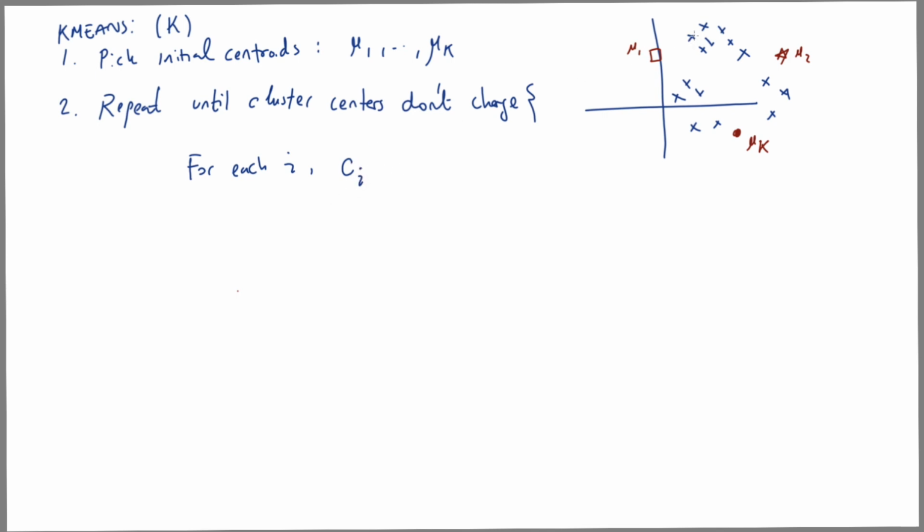So we iterate through the entire data set, and for each data point, we assign a cluster. The cluster is going to be the argmin of the distance between xi and the cluster center. Okay, and here I'm using the 2 norm, but really it can be any p norm. We don't need to take the square. We can just say the smallest p norm, where we're minimizing over the j variable.